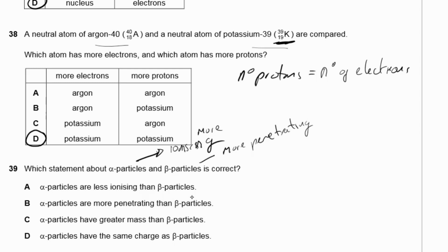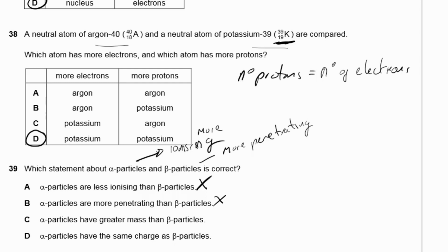So let's see. Option A, alpha particles are less ionizing than beta particles. Rubbish. I laugh at that stupid answer. B, alpha particles are more penetrating than beta particles. Also not true. You can pretty much stop alpha particles with a bit of paper. There we go. Option C. Alpha particles have a greater mass than beta particles.